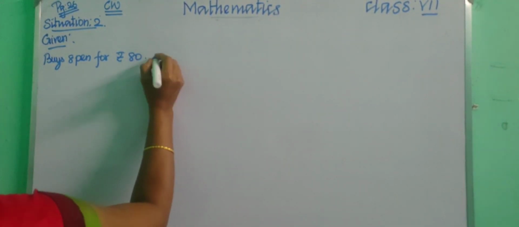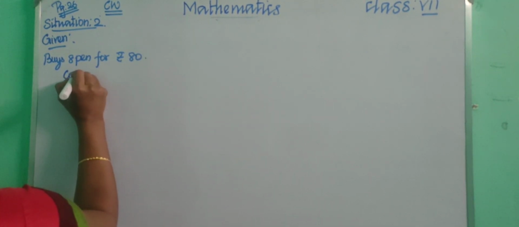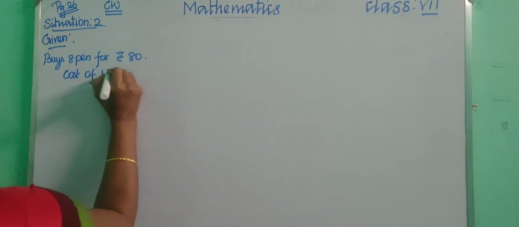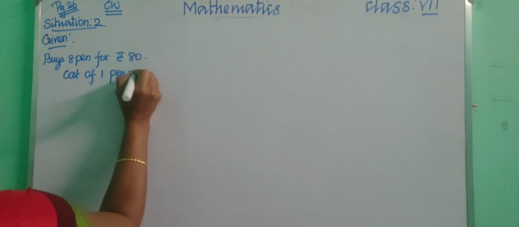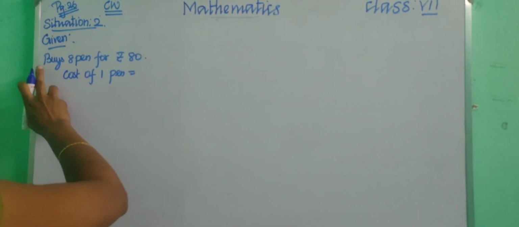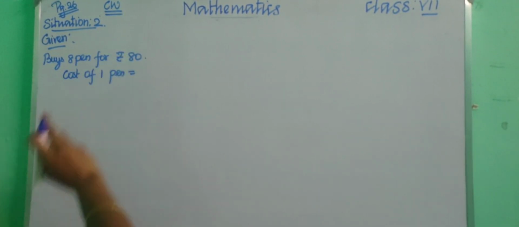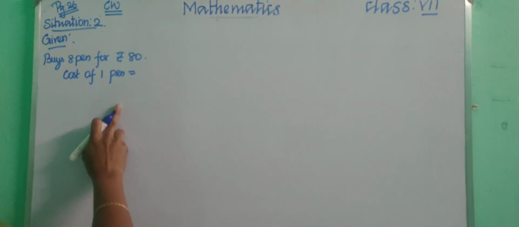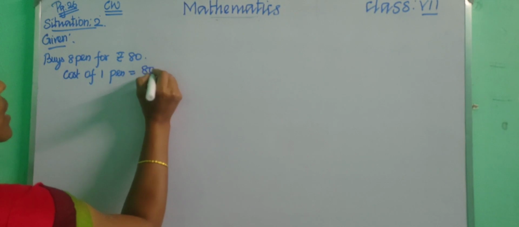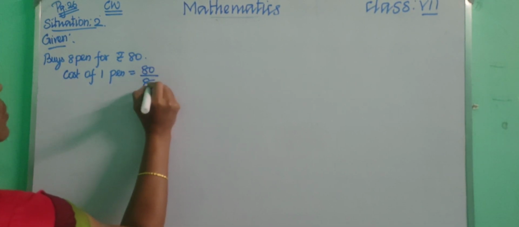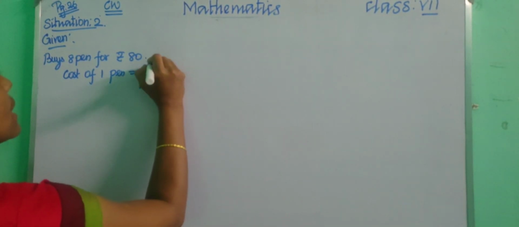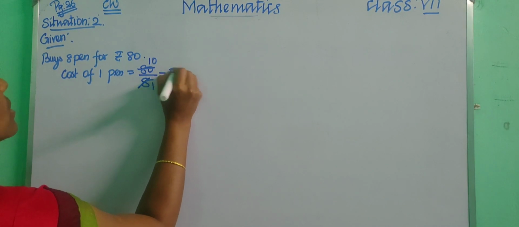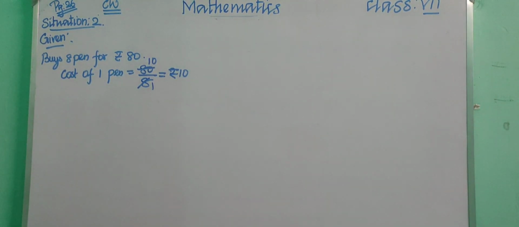So that we can find the cost of 1 pen. How will you find the cost of 1 pen? They have given the cost of 8 pens. He bought 8 pens for rupees 80. With this we can find the cost of 1 pen. 80 divided by 8. 1 8 is 8 and 10 8s are 80. So the cost of 1 pen is rupees 10.